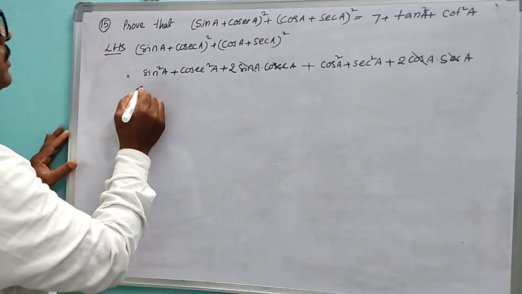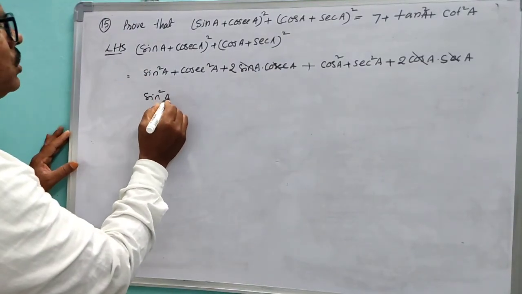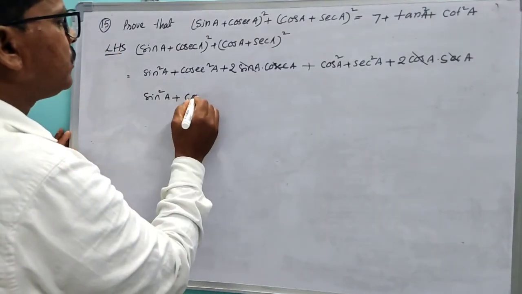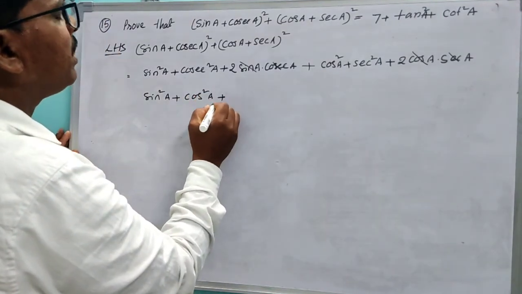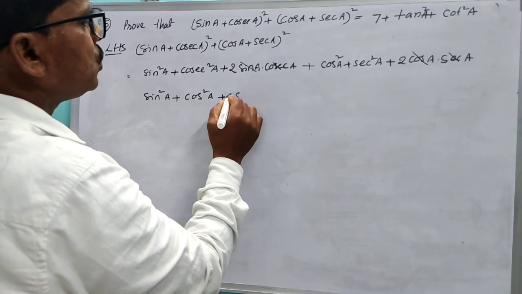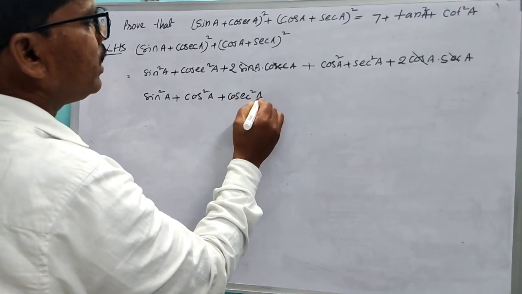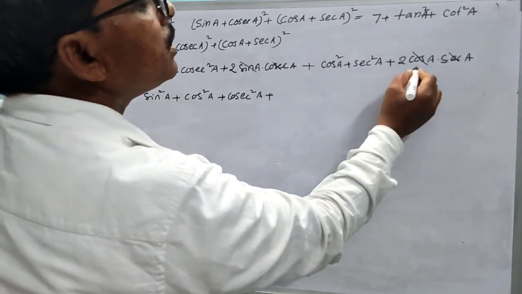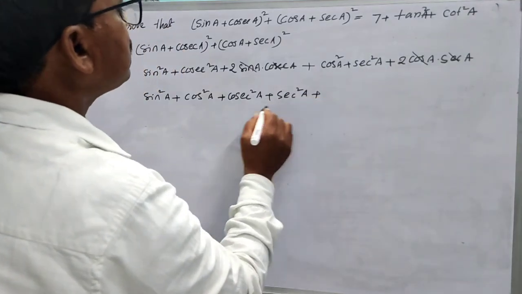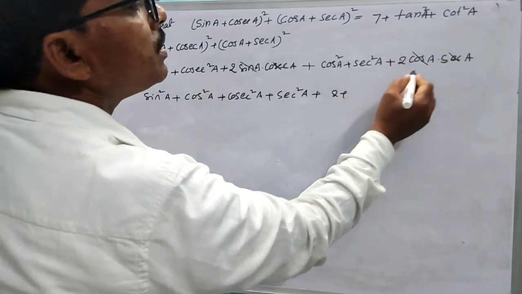Now write this: sin square a plus cos square a plus cosec square a plus sec square a plus this 2 plus again this 2.